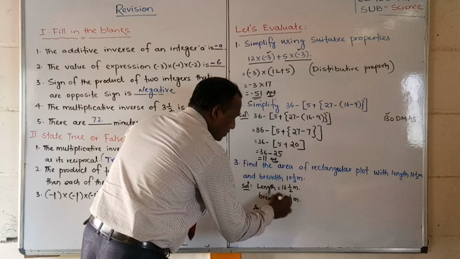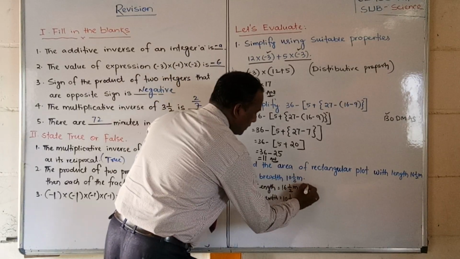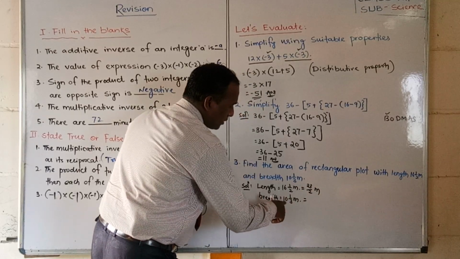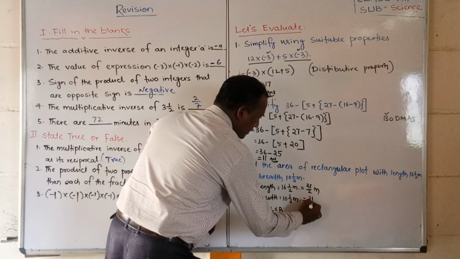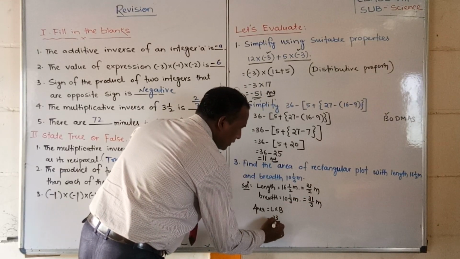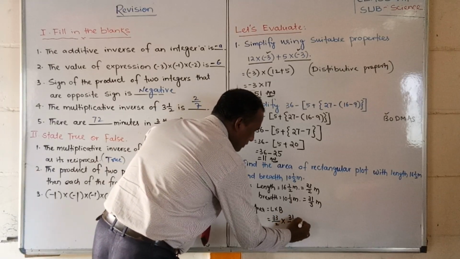So first of all you can change this: 16 1 by 2 becomes 33 by 2 meters. This one also you can change: 31 by 3 meters. So now length into breadth, 33 by 2 into 31 by 3, is equal to.